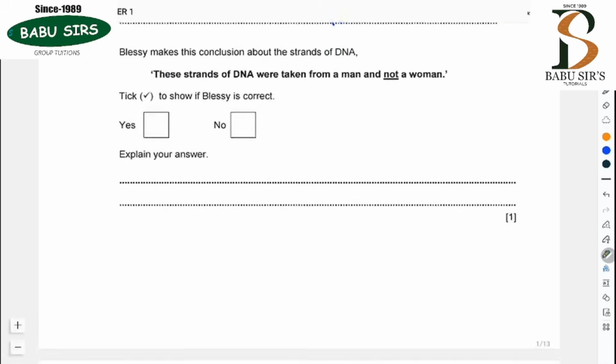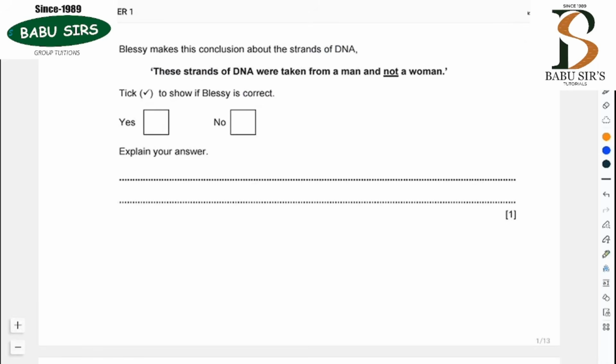The next section is: Blessy makes a conclusion about strands of DNA. These strands of DNA were taken from a man and not a woman. So in humans, there are 23 pairs of chromosomes.